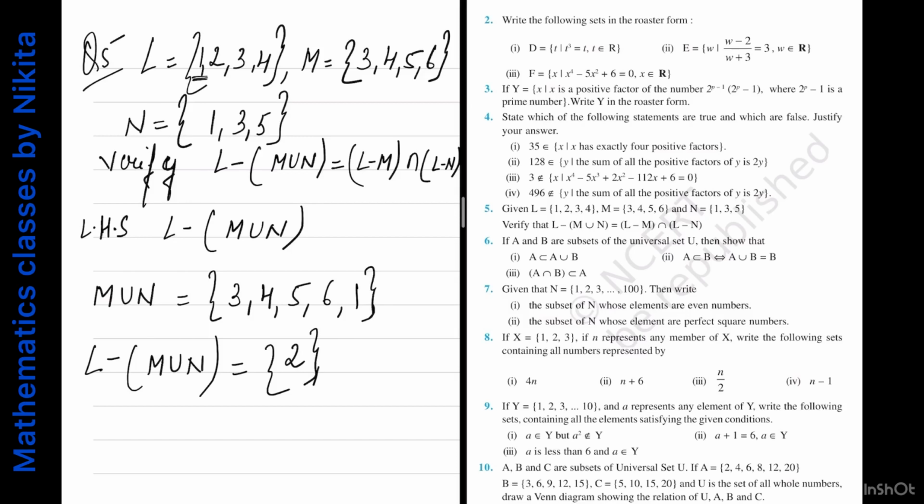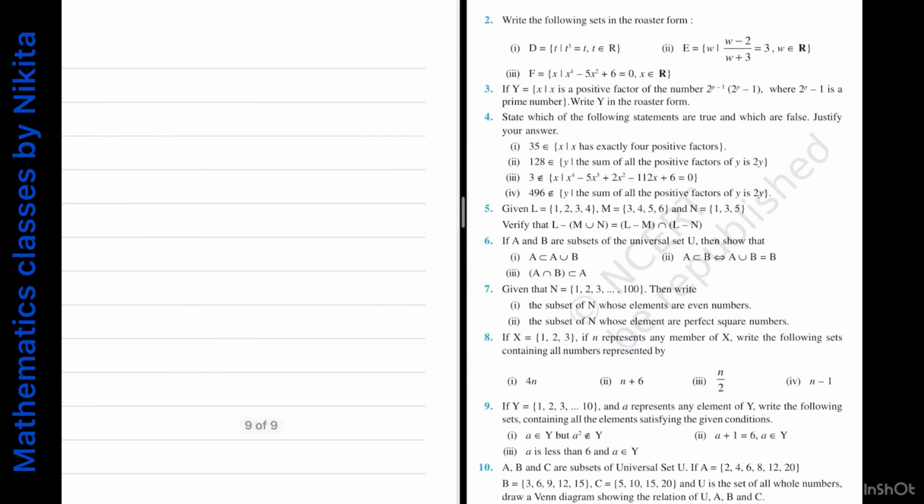Now let's find what the RHS is. For the RHS we have to find L minus M intersection with L minus N. So what is L minus M first of all? L minus M is equal to 1, then you have 2, these two elements.